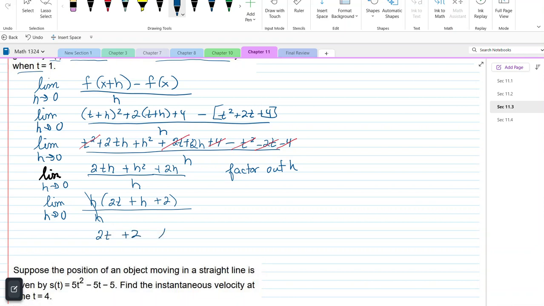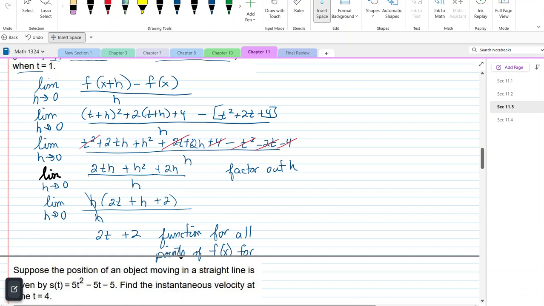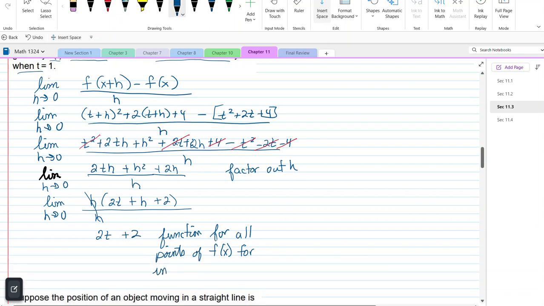And this is our function for all points of f of x for instantaneous rate of change.